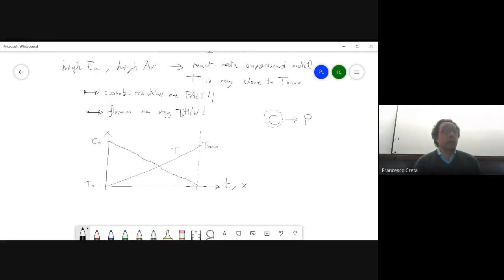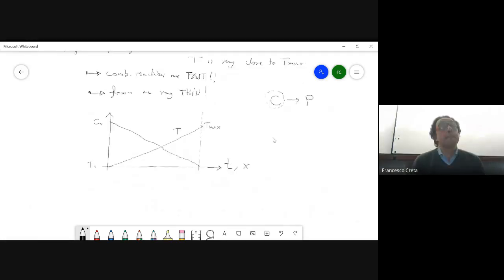For a flame, it's even more complicated. I would have to solve a one-dimensional problem of fluid dynamics, where on top of the reactions, I should also include transport phenomena. And by transport phenomena, I mean essentially convection and diffusion of both mass and energy, so temperature in general.